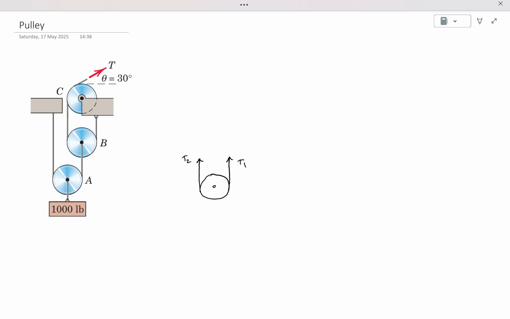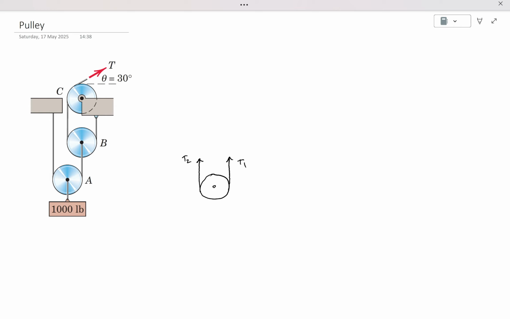You might think that T1 and T2 shouldn't be the same all the time. Yes. But how to prove it? As a mechanical engineering student, or aerospace engineering or materials engineering student, we are learning to use the principles of mechanics to solve this, not just by intuition.